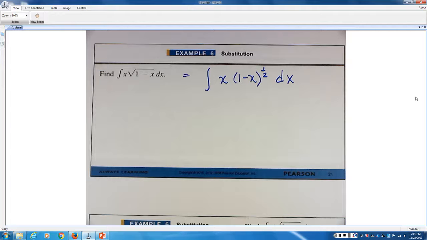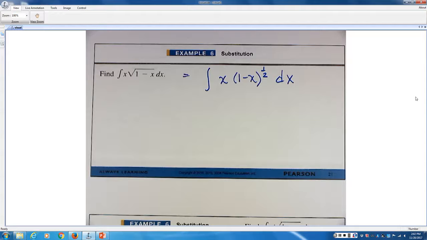I understand. Scott, what do you think u is? And that's because 1 minus x is in the middle of a chain rule type problem, right? Okay, if u is 1 minus x, Matt, what's the derivative of 1 minus x?